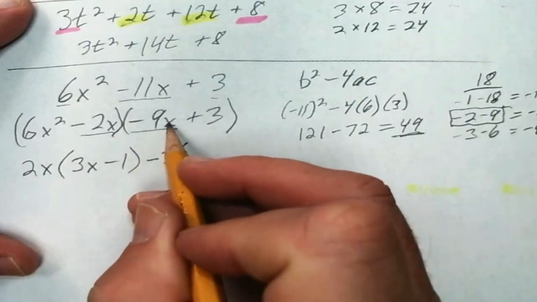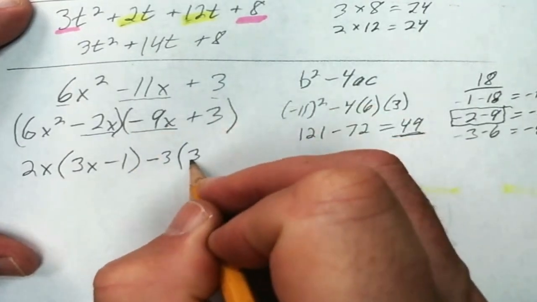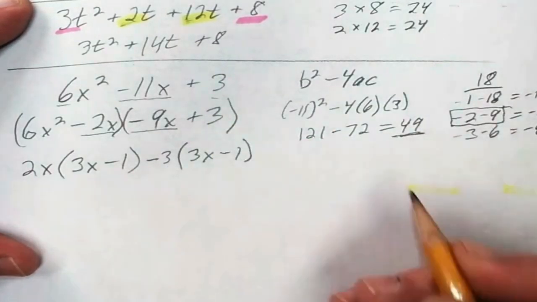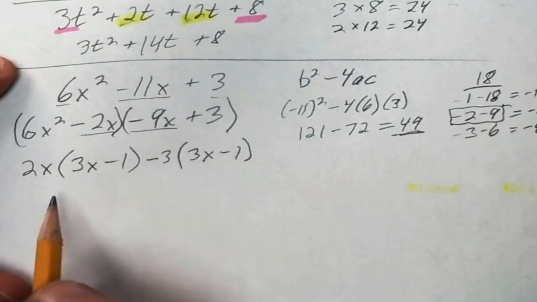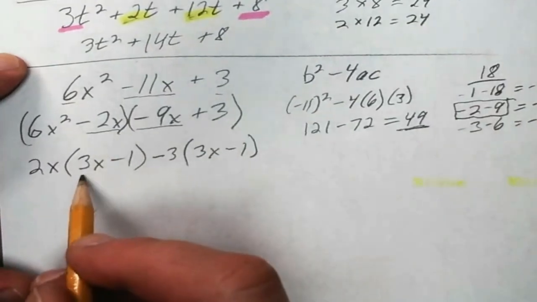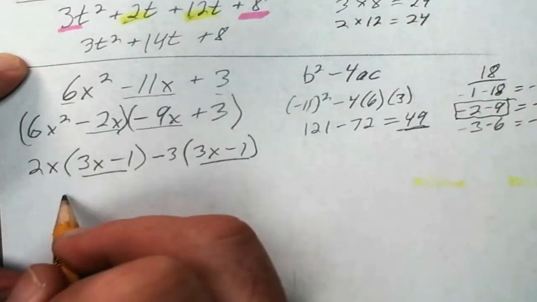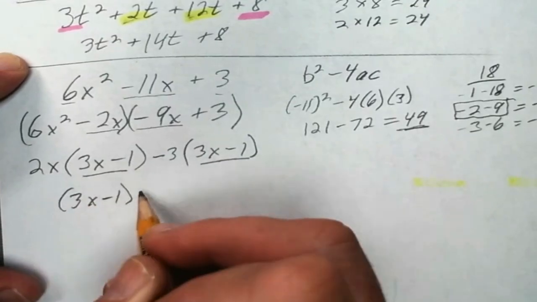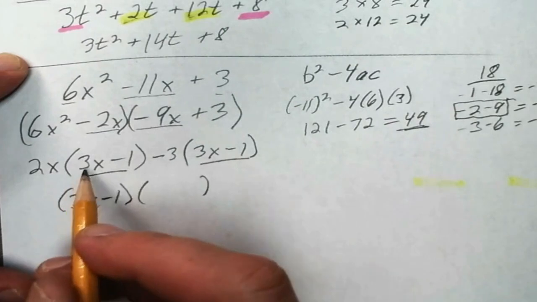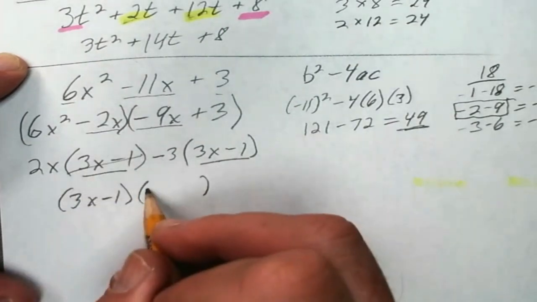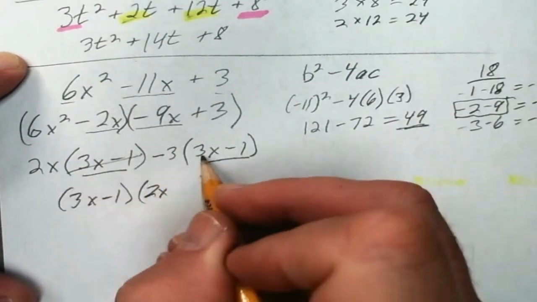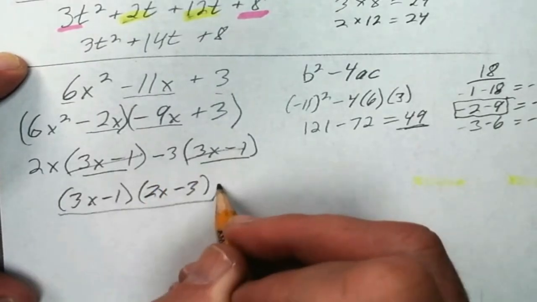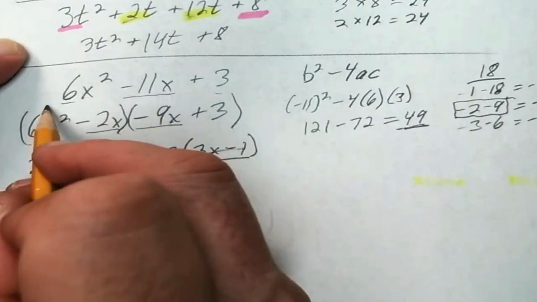Negative 9x divided by negative 3 leaves a positive 3x. 3 divided by negative 3 is a negative 1. Look, it's fallen together right here. We've got a 3x minus 1 that we can factor out. What's left when we do that? Factor that out, that leaves just a 2x, and a negative 3. This is the factors of this.